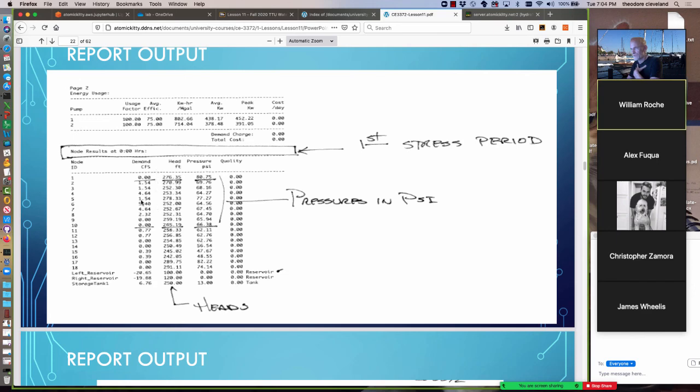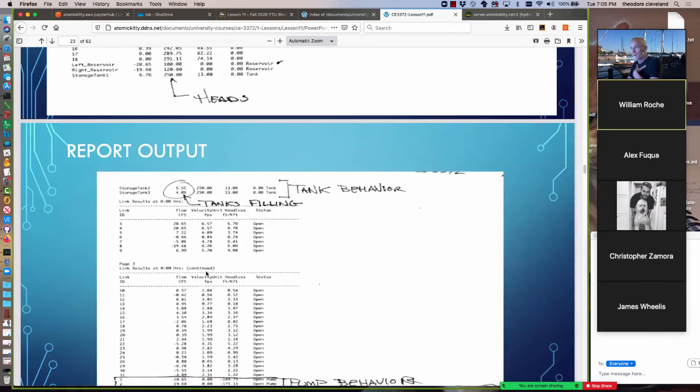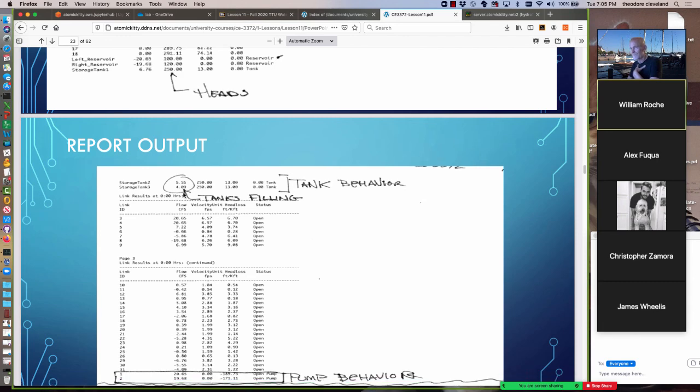That's the first stress period, and it's telling the demand at each node, the computed demands at the reservoirs, the computed demands at storage tanks, and then the associated head in feet, and the pressure in pounds per square inch. In this particular case, tank number 1, 2, and 3 are actually filling. Water's going into those tanks.